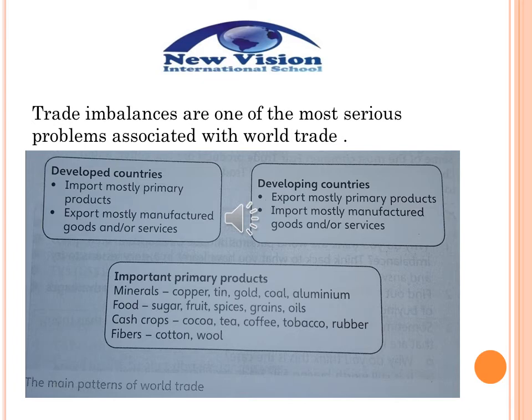Important primary products include minerals like copper, tin, gold, coal, aluminum; food like sugar, fruit, spices, grains, oils; and cash crops like cocoa, tea, coffee, tobacco, rubber, fibers, cotton, and wools.